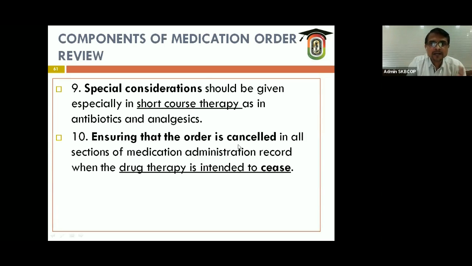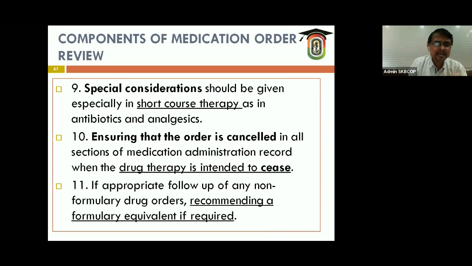Then tenth, ensuring that the order is cancelled in all sections of the medication administration record when the drug therapy is intended to cease. इसका मतलब यह है कि कोई मेडिकेशन थेरेपी किसी पेशेंट की बंद कर दी है, सो पेशेंट फार्मासिस्ट को ये इंश्योर करना है कि ये जो बंद की हुई मेडिसिन या बंद किया हुआ प्रिस्क्रिप्शन है दैट इज बीइंग कैंसल्ड एट ऑल लेवल्स. ठीक है, सो जितने भी सेक्शन जहां जहां में रिकॉर्ड करना पड़ता है हर जगह ये कैंसल किया गया है. ये काम क्लिनिकल फार्मासिस्ट ने करना चाहिए.